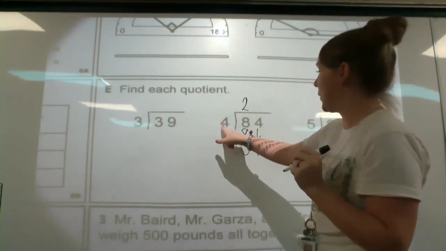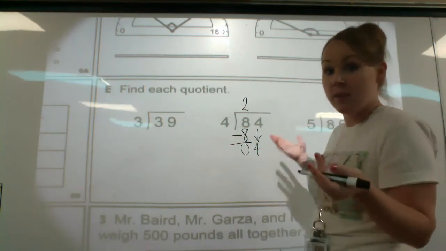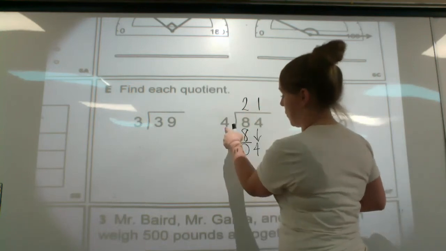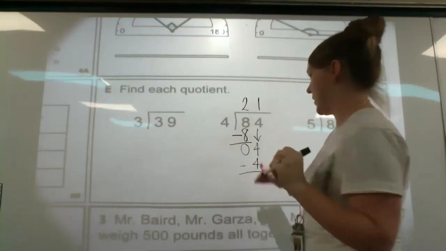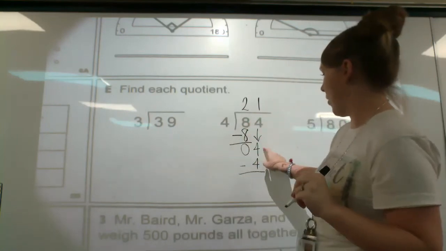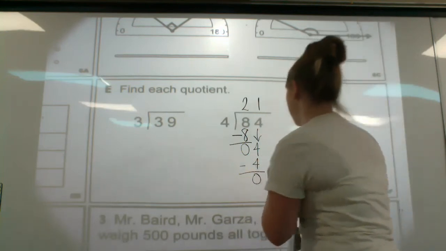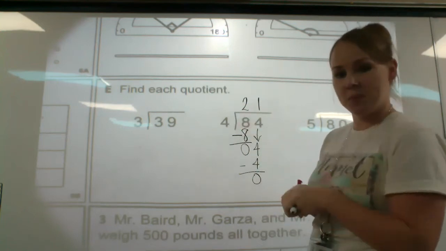How many times will 4 go into 4 without going over? It should be pretty easy. It can go in 1 time, because 1 times 4 equals 4. And then I'm repeating the steps. I subtract. 4 minus 4 is 0. And I'm done. I don't have anything else to bring down. So the answer here is 21.